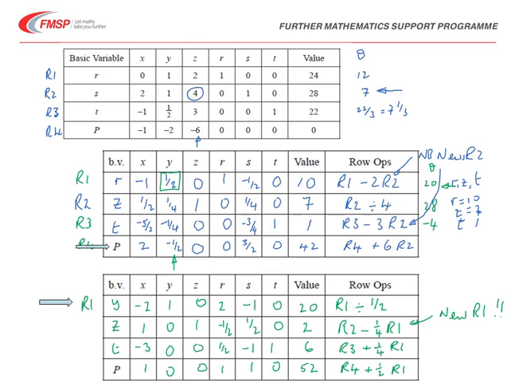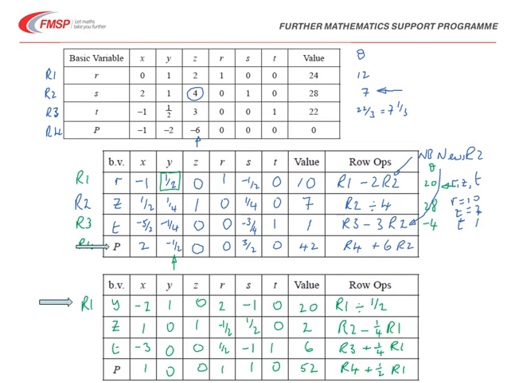If there were negative values in the profit row, we'd have to do the whole thing through again. However, now you can see that they're all positive, or at least greater than or equal to 0. And so that means we've found our optimal solution. We can read off from the tableau what we have.